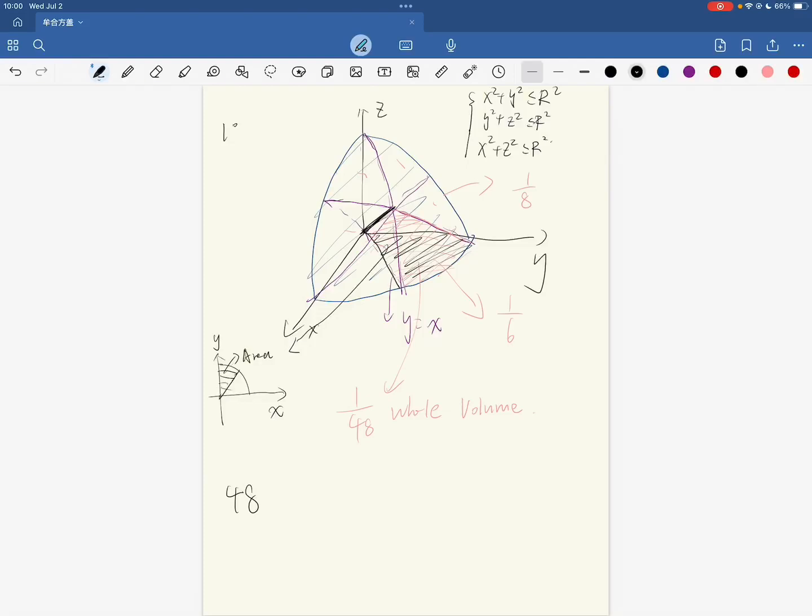This is y equals x, and z equals x, so this part is z equals y equals x.